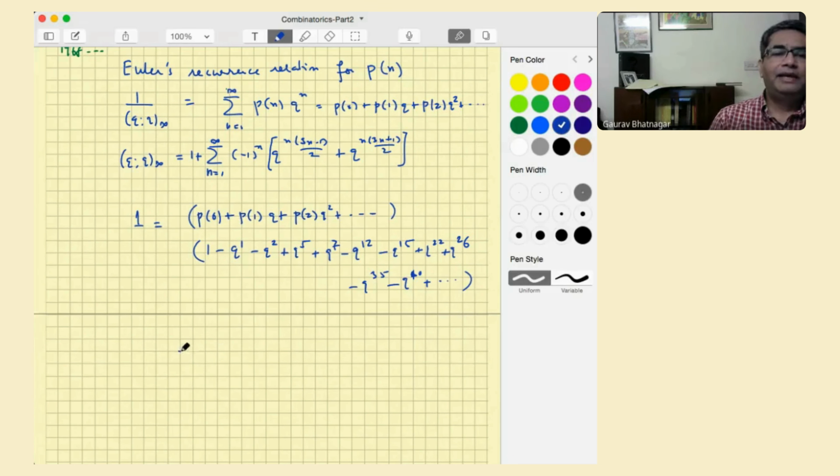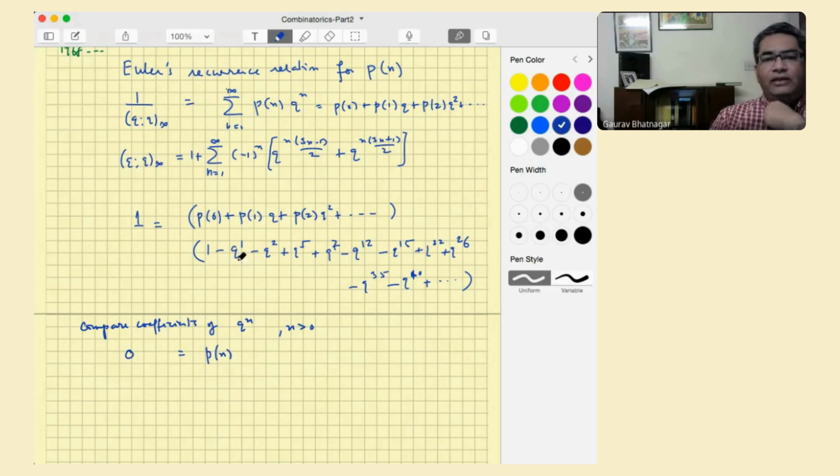So if you multiply them together and compare coefficients of q to the n for n bigger than 0, for n equal to 0 you'll get 1, but for n bigger than 0 on this side you'll get 0, and here what will you get? If you take the q to the n term here, you will get p of n.